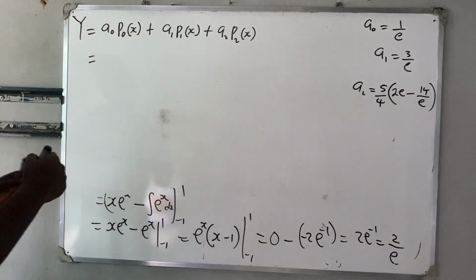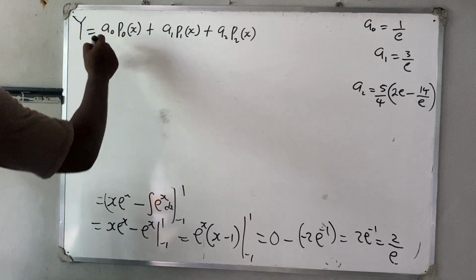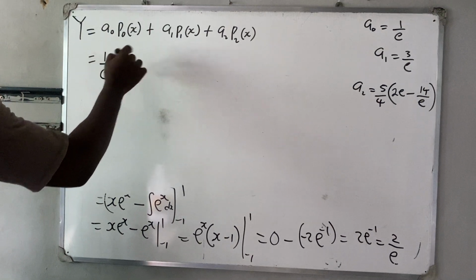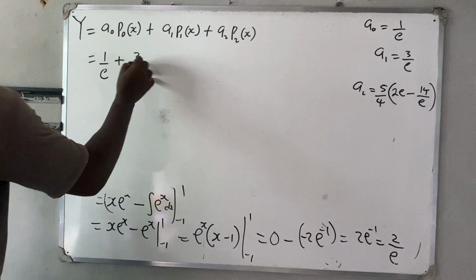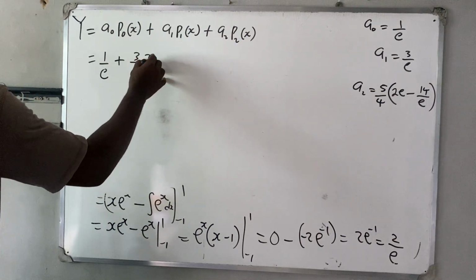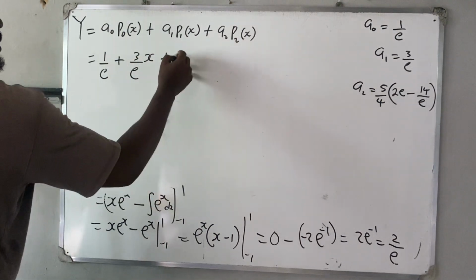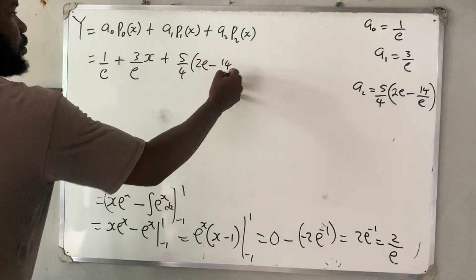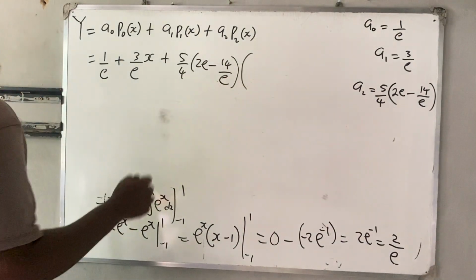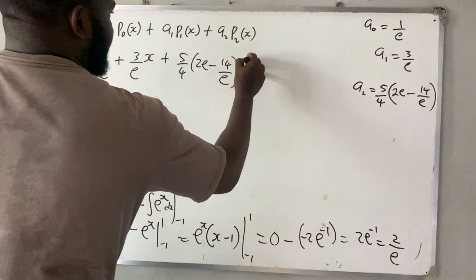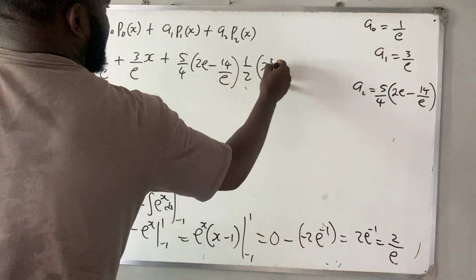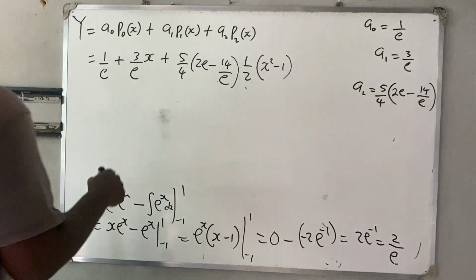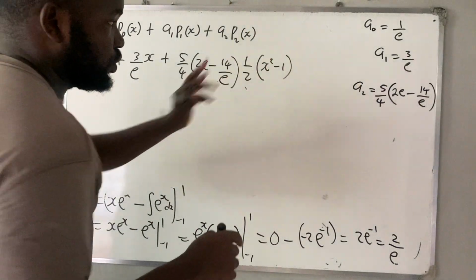We know our p of x is 1. So 1 times this, I'm having 1 over e, plus this one, that is 3 over e times x, plus this one, which is 5 over 4 into 2e minus 14 over e. Then in bracket of that one gave us 1 over 2 into x squared minus 1. Don't forget. If you want to get to the third one, do your third one.